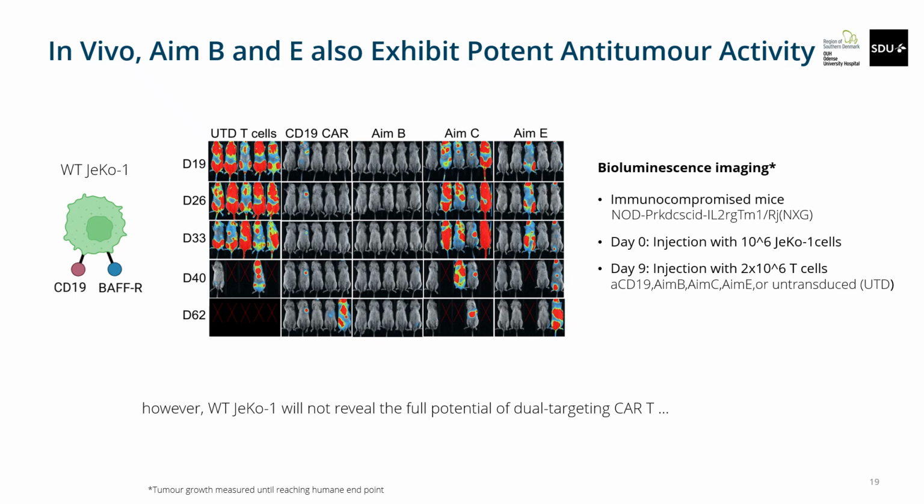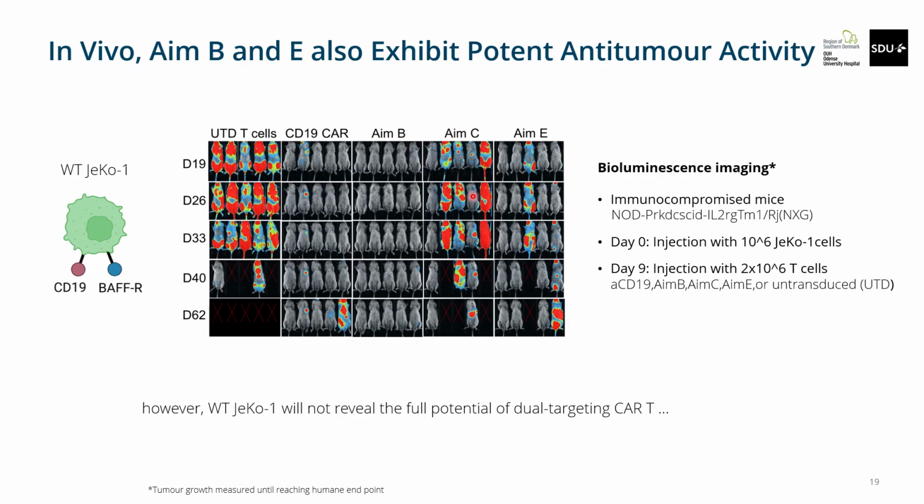And then they were followed up to 62 days, and immediately it's evident, of course, that the UTDs are not really able to control the spread of the tumor inside the mice, but the anti-CD19 CARs are doing fairly well during this time. A and B are also looking good. C is again not looking very good.